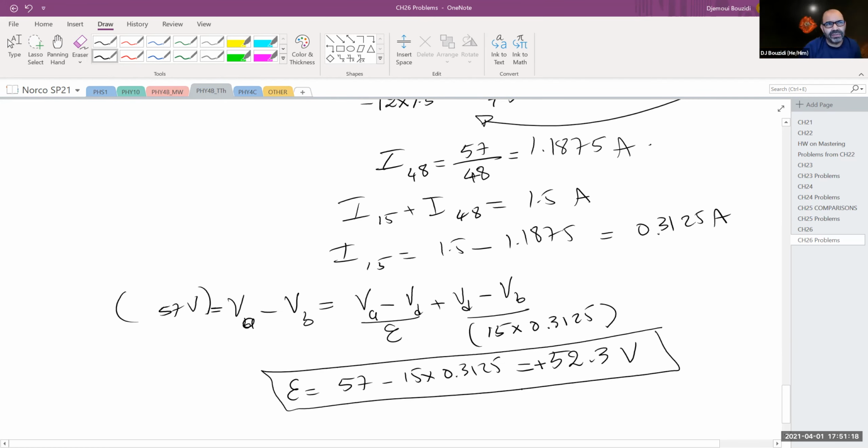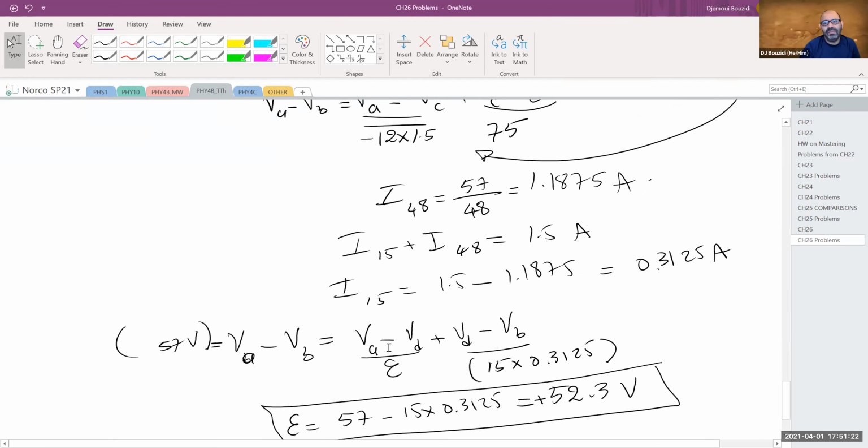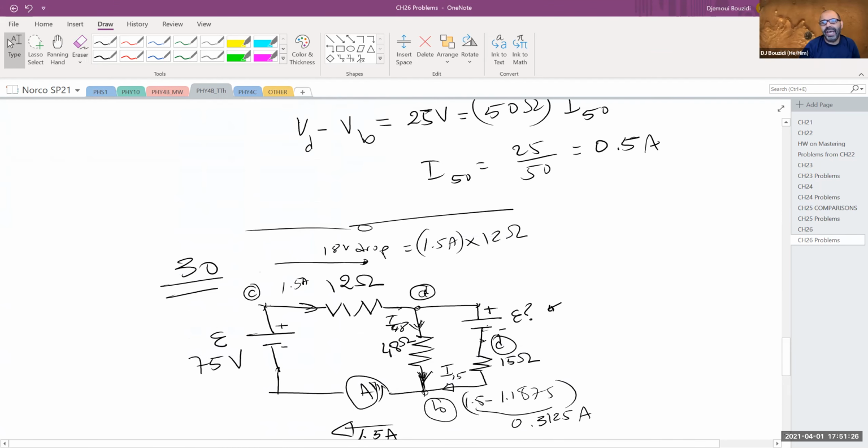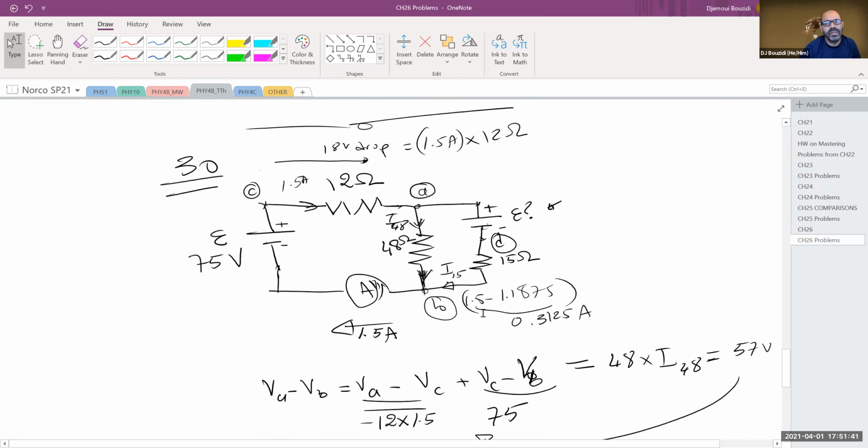Had I found it negative, then that means VA minus VD is a negative number. That means the point A sits at a lower potential than the point D, and therefore the EMF would have flipped. I found it to be positive. That means A is higher in potential than D. That means that indeed, this is the proper direction for it.